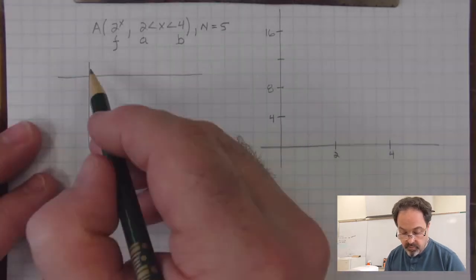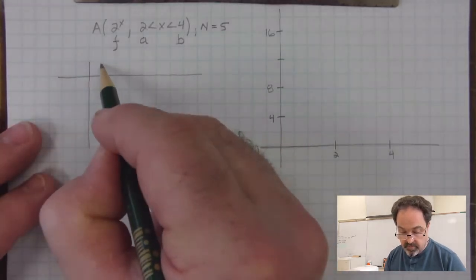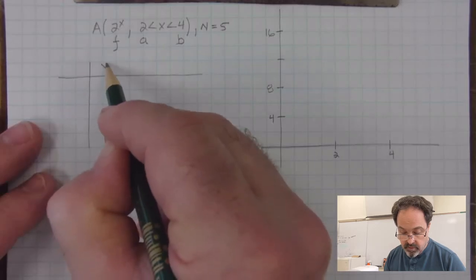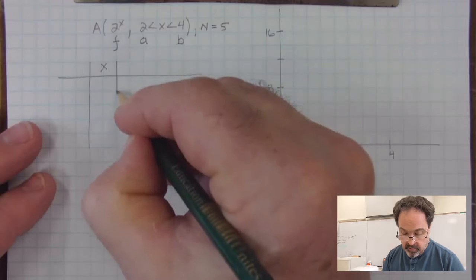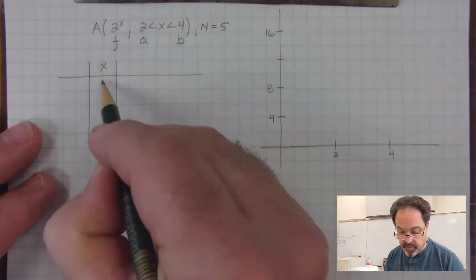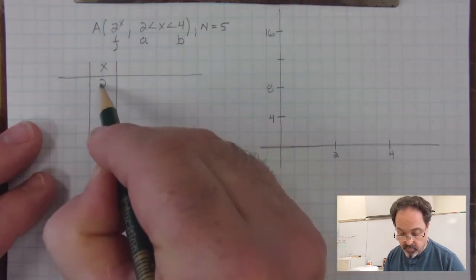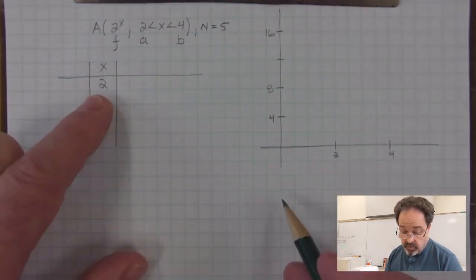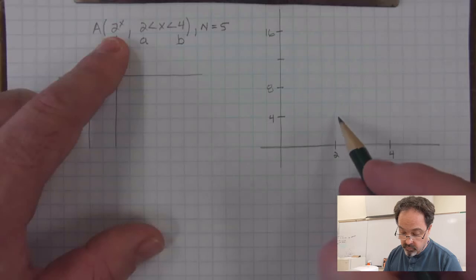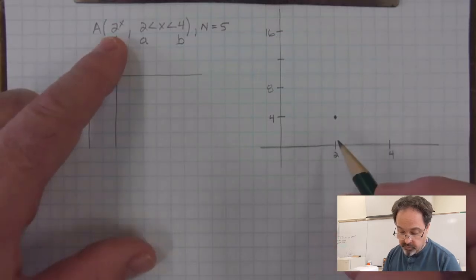In my table, I'm going to list important values in the domain, which are x values. And I could begin by choosing a value, which is the lower bound 2, and finding the value of the function at 2, which is 2 squared, or 4, which helps me plot that point.